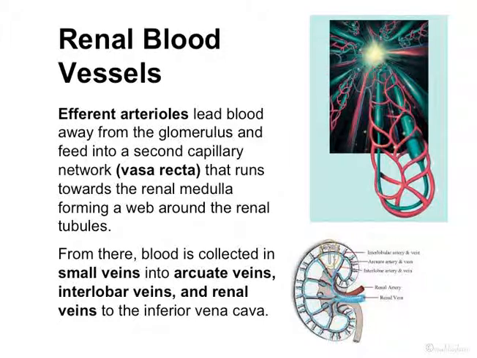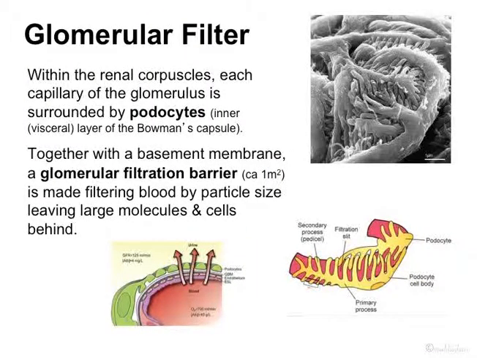Alright. So when we look at the glomerulus a little bit closer, we have the renal corpuscle, which is the whole structure itself, the Bowman's capsule, as well as the glomerulus, the capillary network. And so let's look at the capillary network there. This is one of those capillaries.